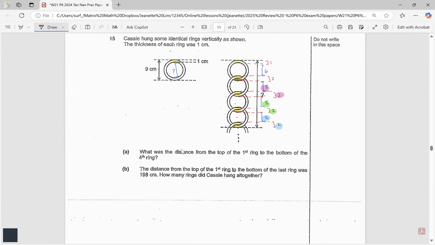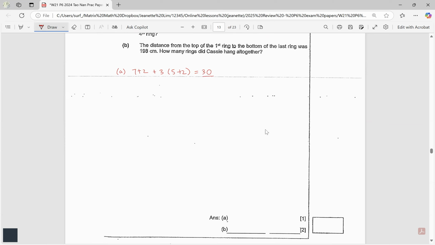So part A, we are just adding up all the numbers. Starting from the first one, we have 7 plus 2, which is the first part here. Then we have 5, 2, 5, 2, 5, 2. So 3 times of 5 plus 2. That will give us 30. So that's the answer for part A, 30 cm.